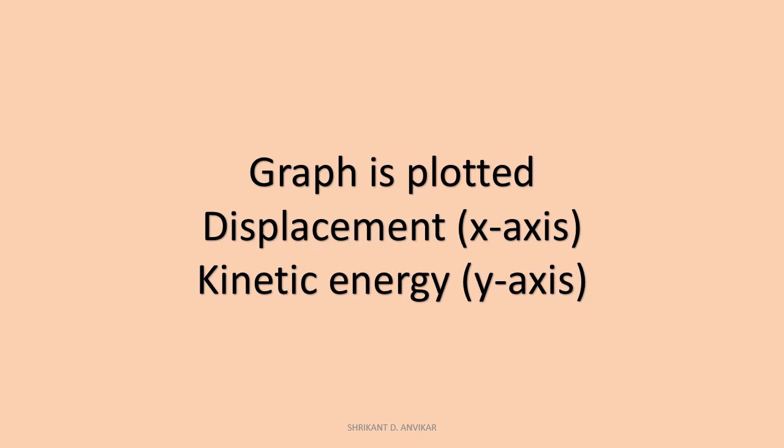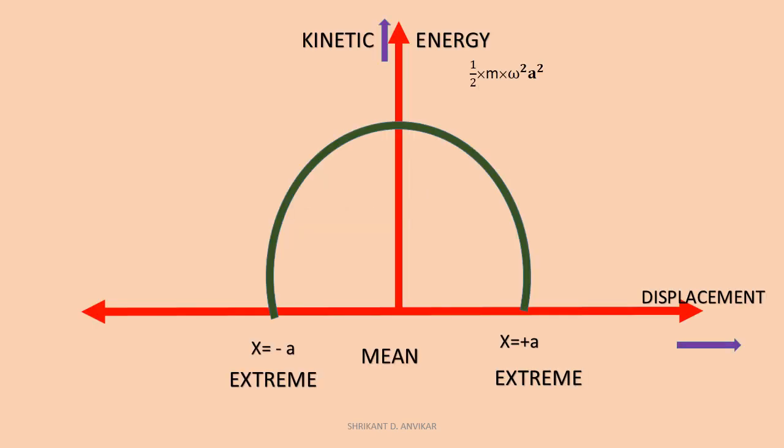Suppose in the graph, the origin coincides with the equilibrium position. Therefore, at one extreme position, displacement is considered to be plus A, and at the second extreme position, displacement is considered to be minus A. The nature of the graph is as shown in this figure.